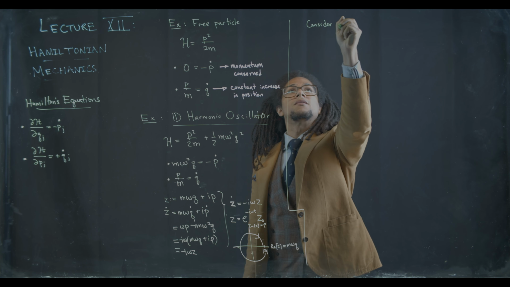What is f of t, which is defined to be, this is an abusive notation, f of q1 of t through qn of t and p1 of t through pn of t.